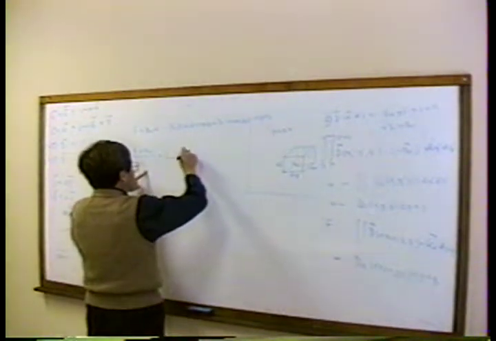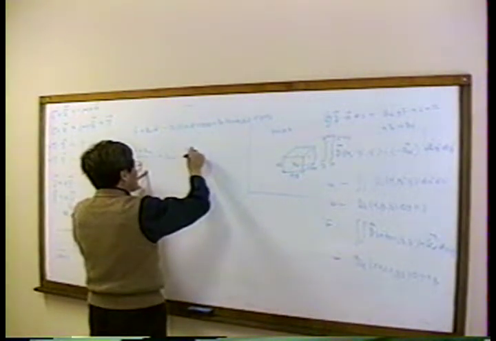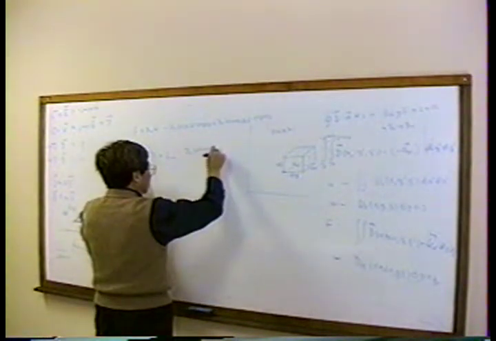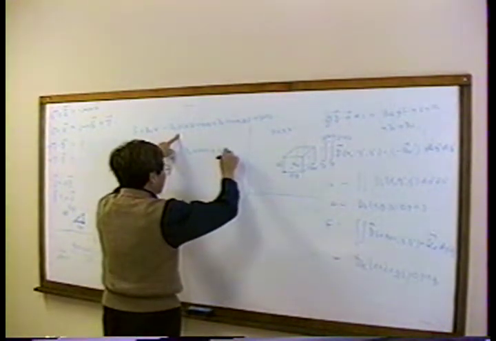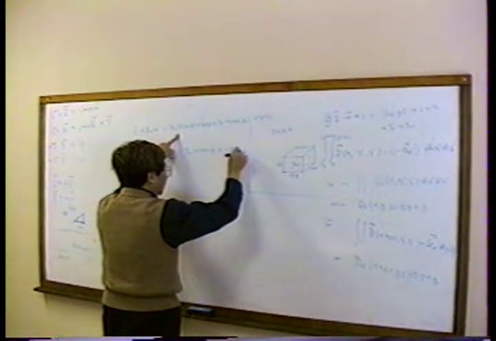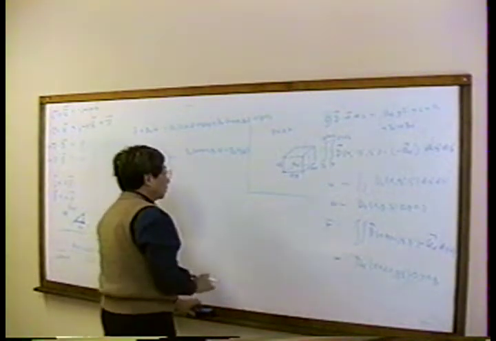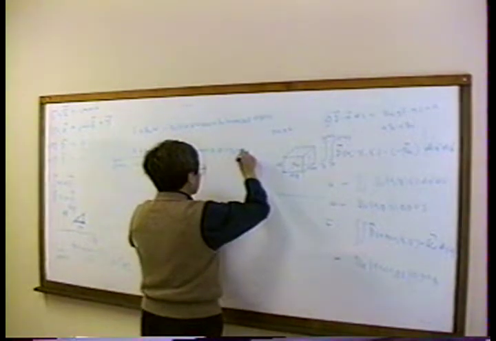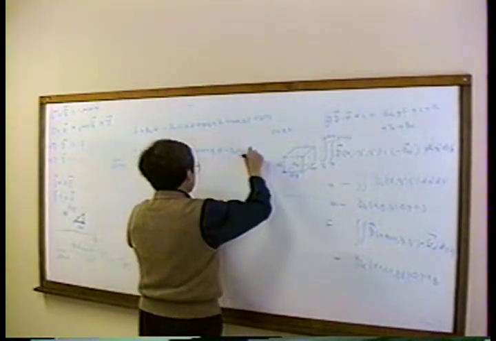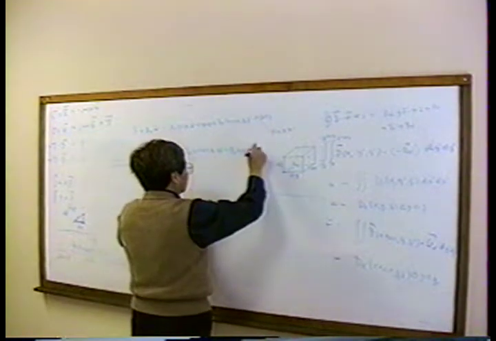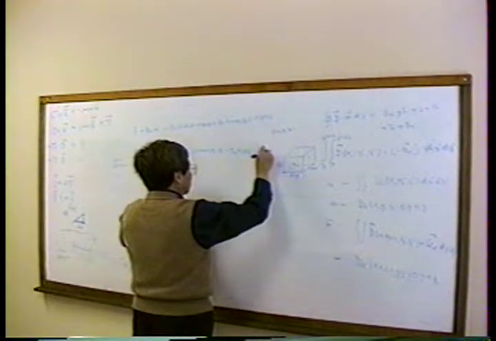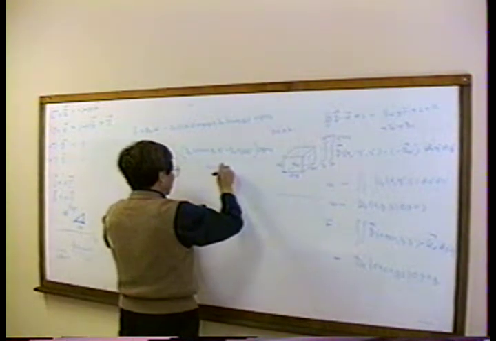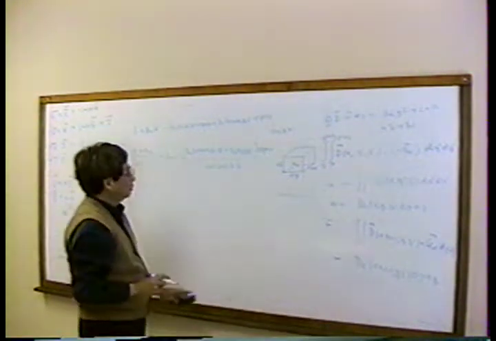So it's D_x(x plus delta x, y, z) minus D_x(x, y, z), times delta y delta z, divided by delta x delta y delta z.